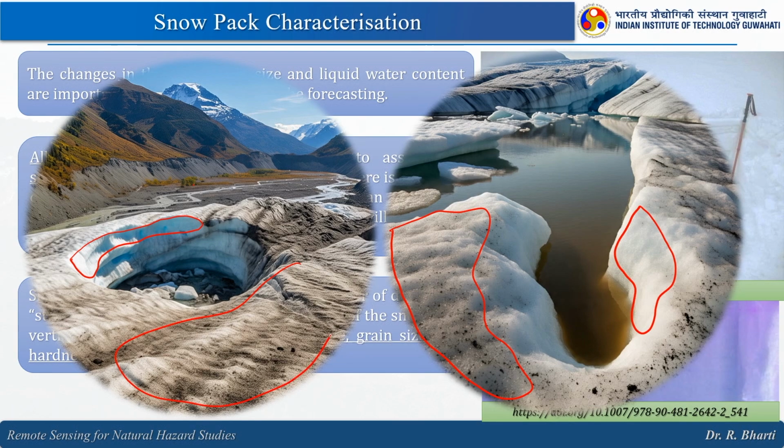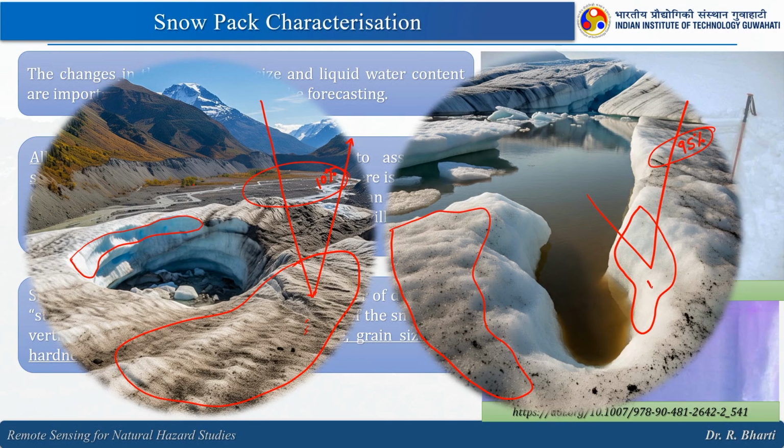Obviously when you have contaminated snow, the energy which is coming from the sun in terms of solar radiation will be absorbed here, because this will not work as a Lambertian surface, right. Here the reflectance amount will be, let us assume, 10%, but when we talk about this particular layer, it may be 95%. So you see the difference, right.